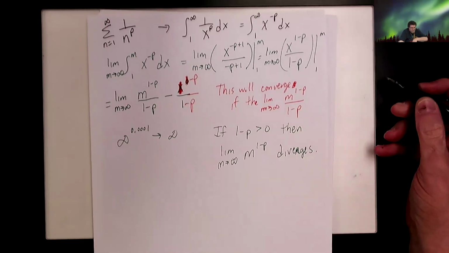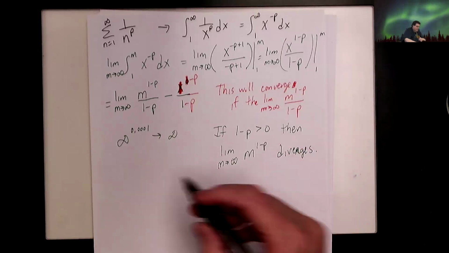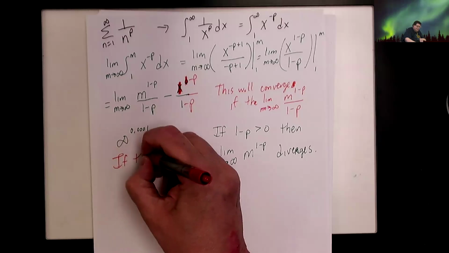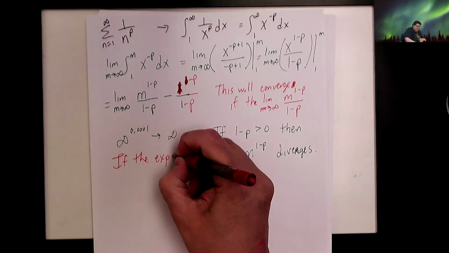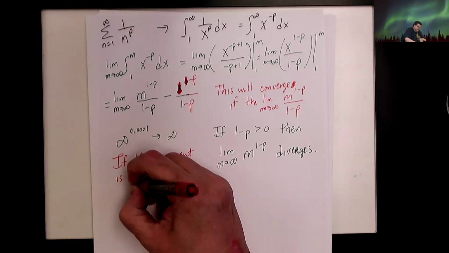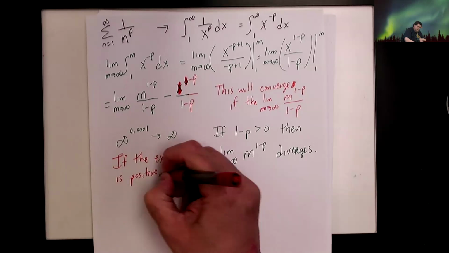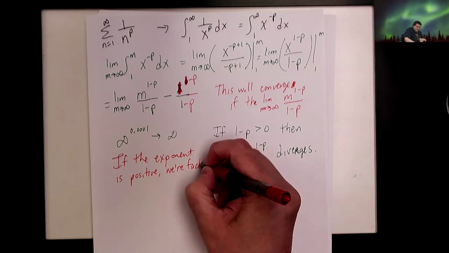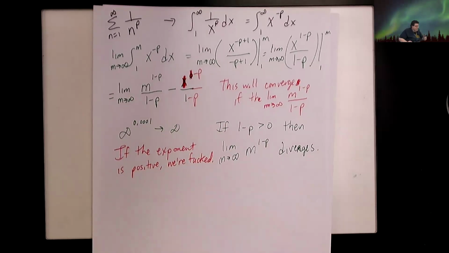Does that make sense? If the exponent is positive, we're out of luck. That's the official math terminology. You can look it up in any math textbook.